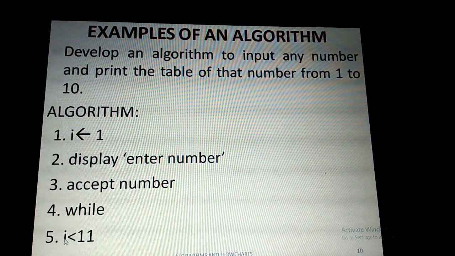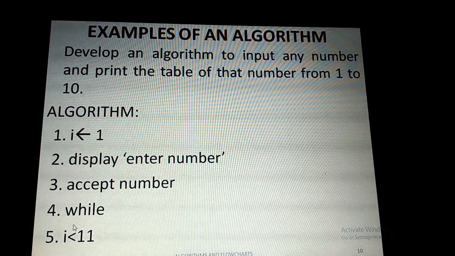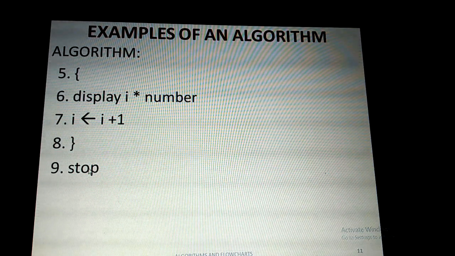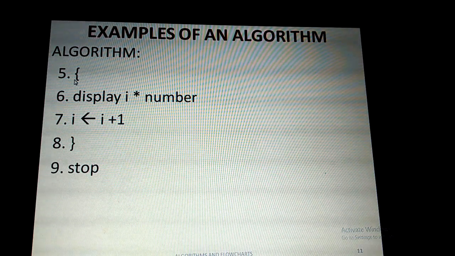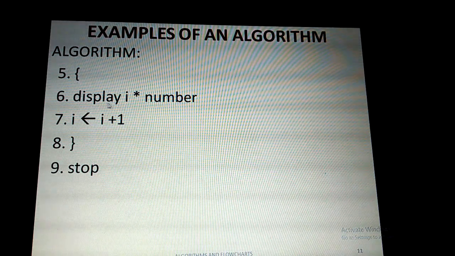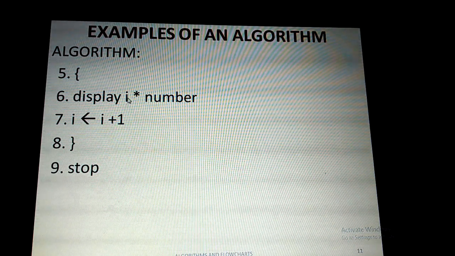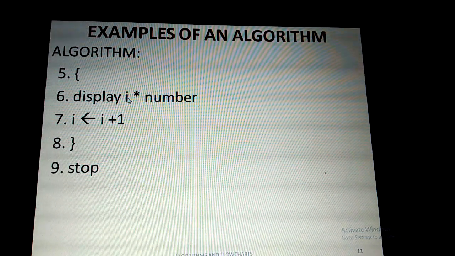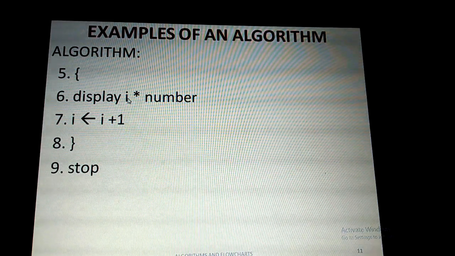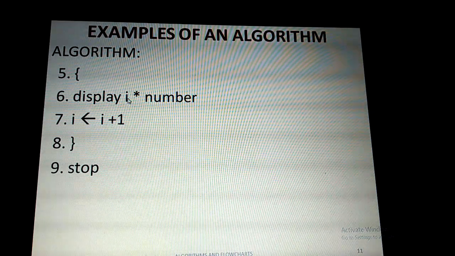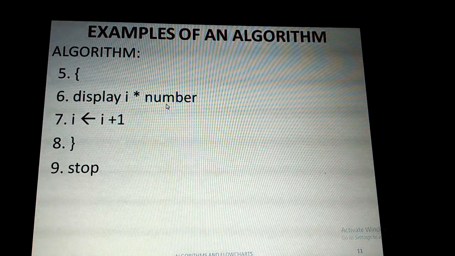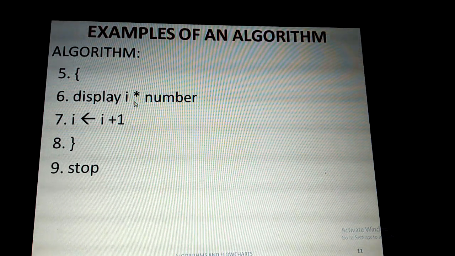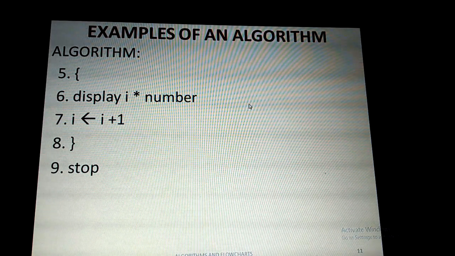When I reaches 11, the loop will not run; it will come out and then stop the process. Then the fifth step is open the parenthesis, then display I star number. Initially I is 1, so 1 multiplied by the number 5 gives the answer 5.